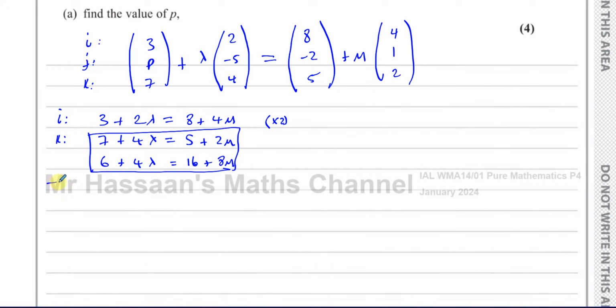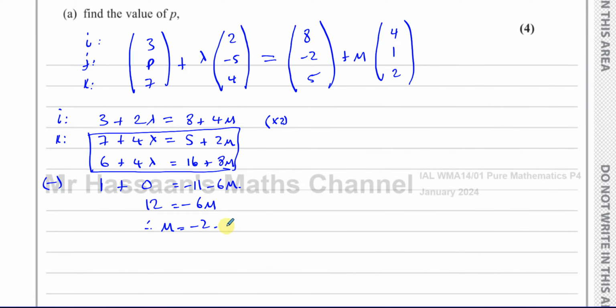So I've got 7 minus 6 is 1. This is going to give you 0 equals 5 minus 16 is negative 11, and 2 minus 8 is minus 6 mu. So I can say that 12 is equal to negative 6 mu. Therefore mu is equal to minus 2.